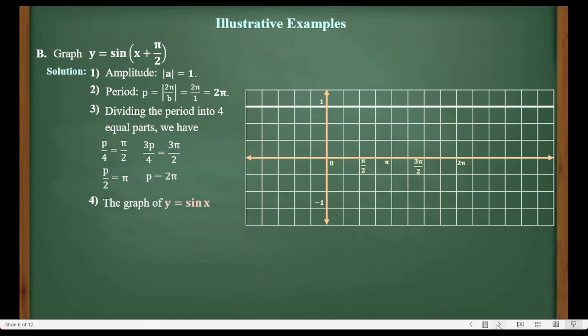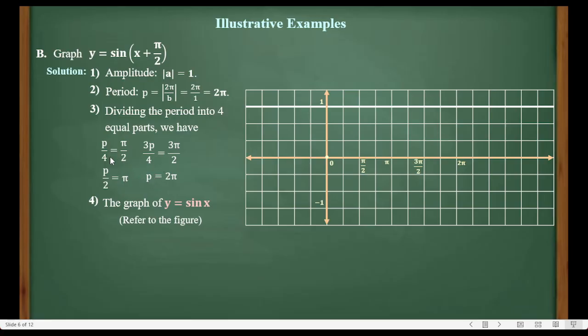But first, since again we're talking about the graph of sine, the first plotted point is at the point of origin. So we have yet to use any of these four values. So we plot first the point at the origin. And then that's the time for us to consider each of these four.